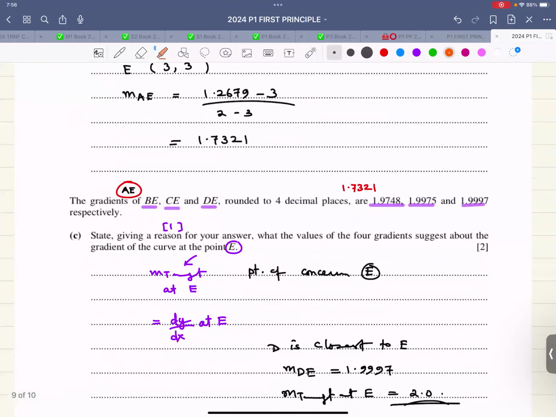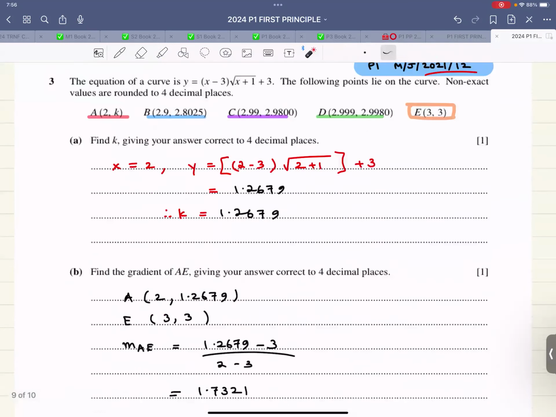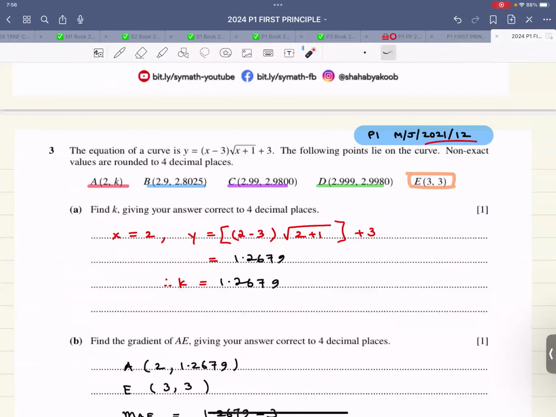State a reason, giving your answer, what the values of the 4 gradients suggest about the gradient of the curve at point E. So now this is 2, this is 2.9, this is 2.99, this is 2.999, and this is 3. So which gradient will be the closest? That would be the gradient of DE.